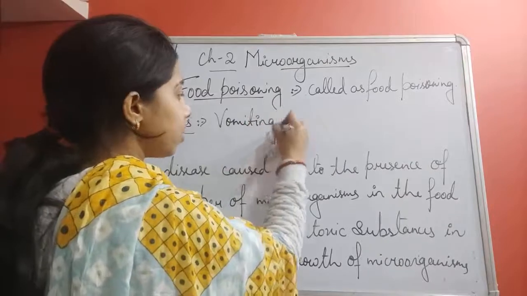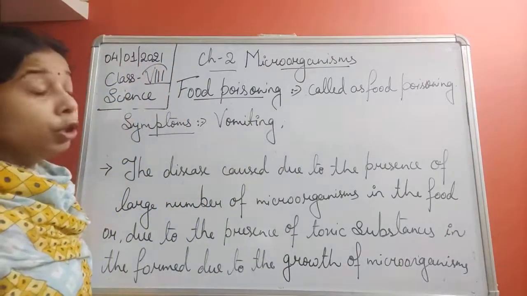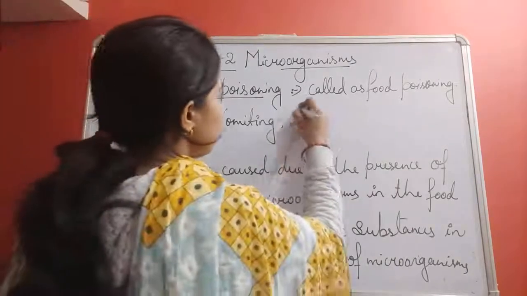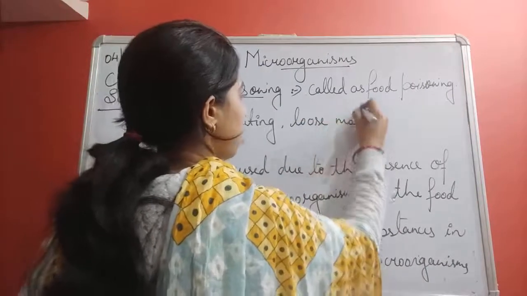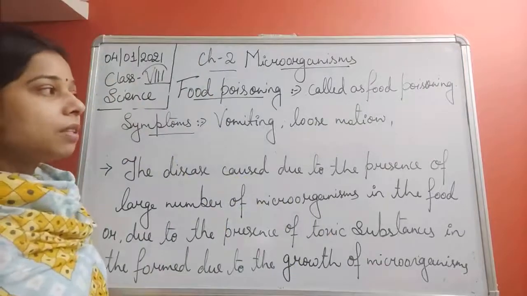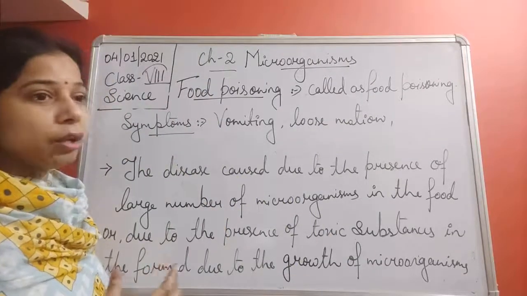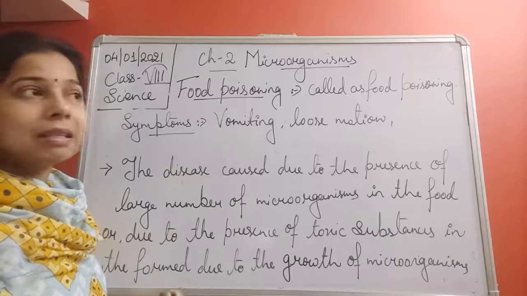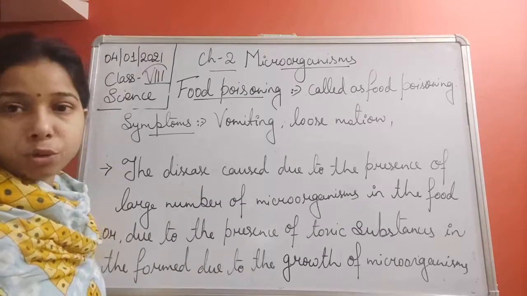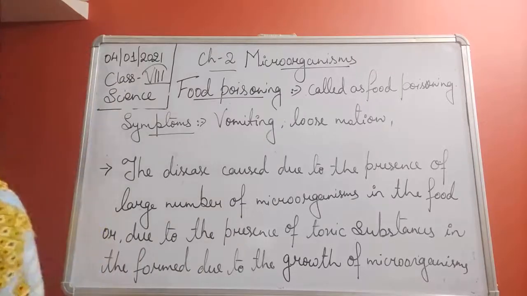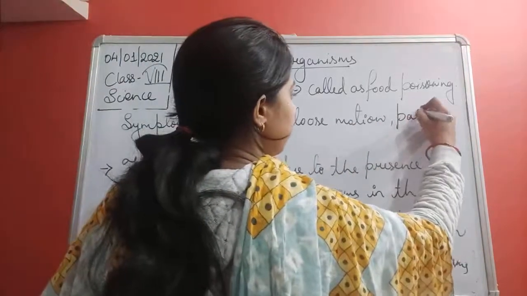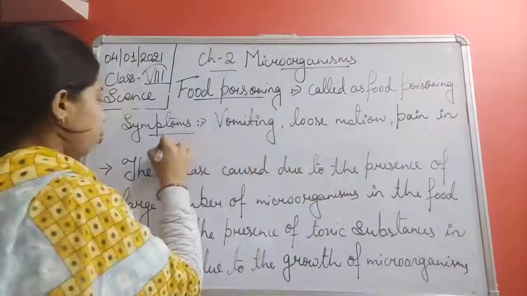Now, not being able to digest, loose motion or diarrhea is also caused due to food poisoning. If a person consumes food which is toxic and consists of poisonous substances, it will cause a lot of pain in the abdomen. So we can also write pain in abdomen.